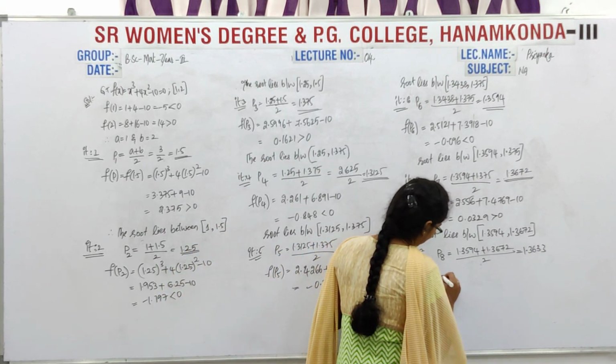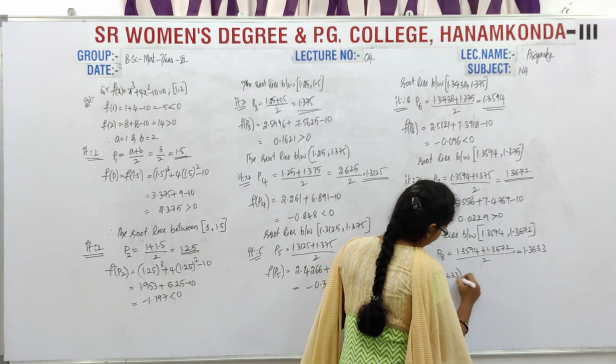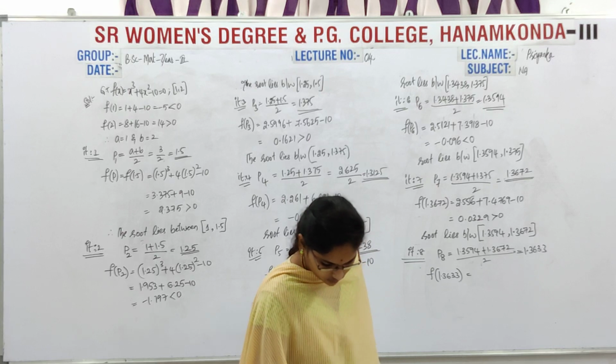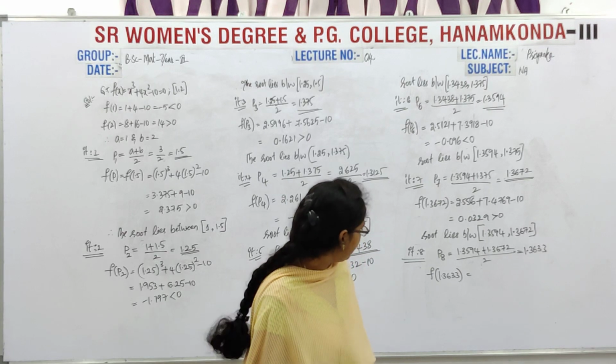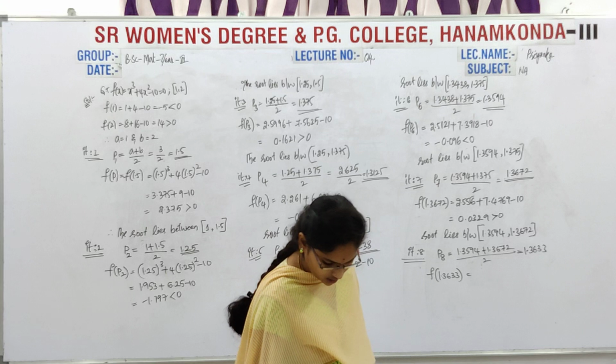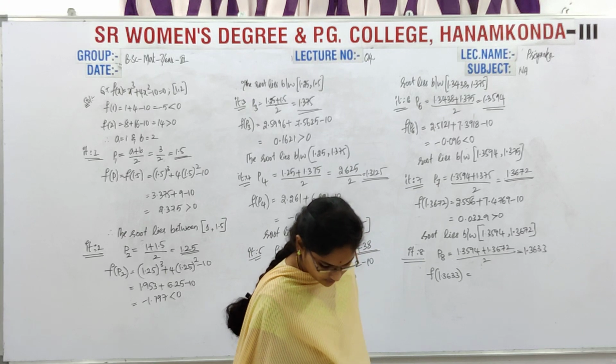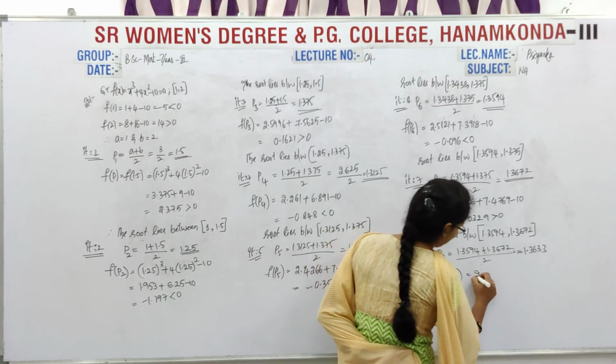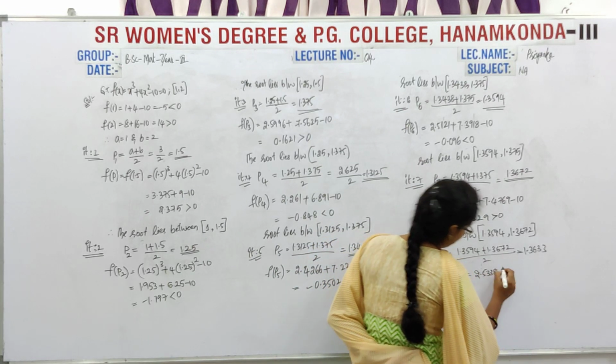Now again, f of 1.3633. So then what do we get? 1.3633 whole power 3 is 2.5338.